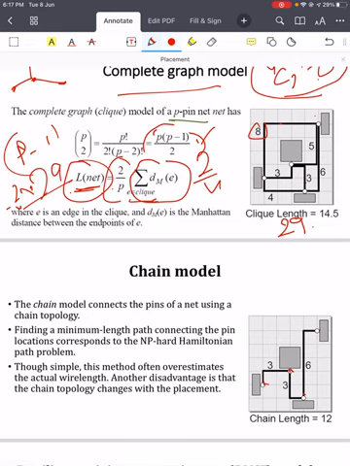So these two are the main problems of the chain model: it often overestimates the actual wire length. Sometimes it may give you a good result, but it is not usually a very popular method.